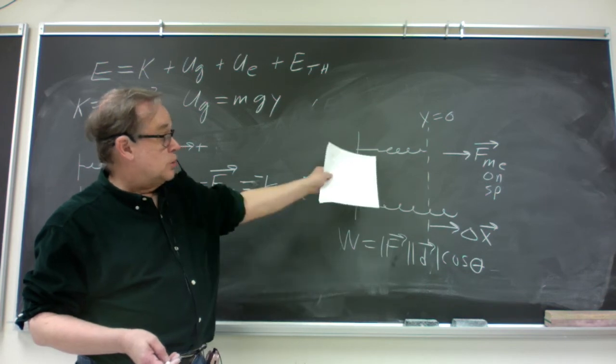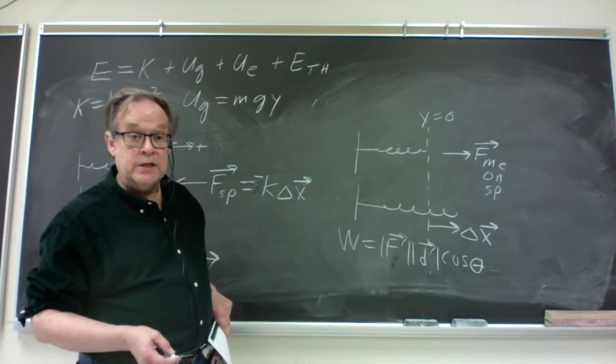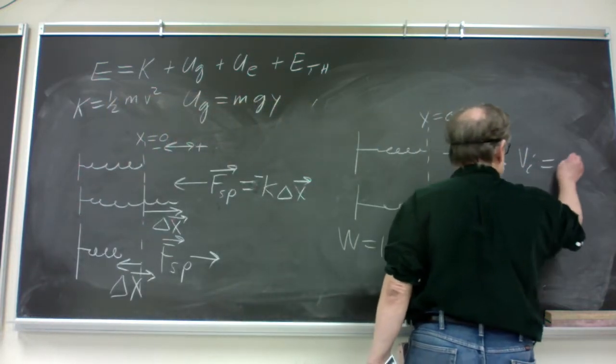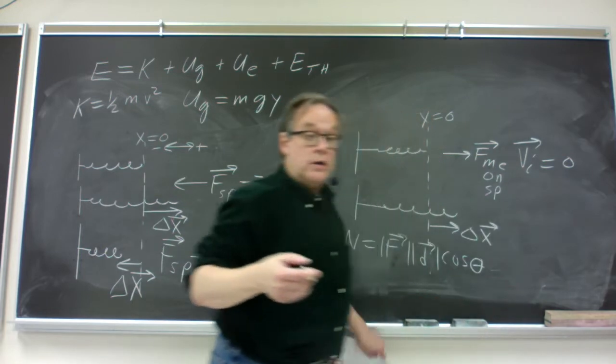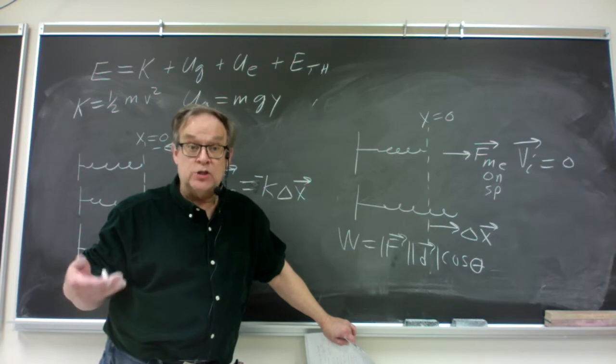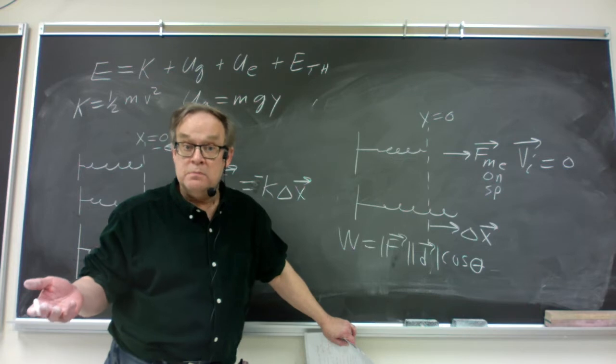Now, in the initial state, the right-hand end of the spring is not moving, so it has a velocity of 0. And of course, when I have finished stretching the spring, I've stopped moving the right-hand end of the spring. So again, the velocity of that right-hand end of the spring is 0.